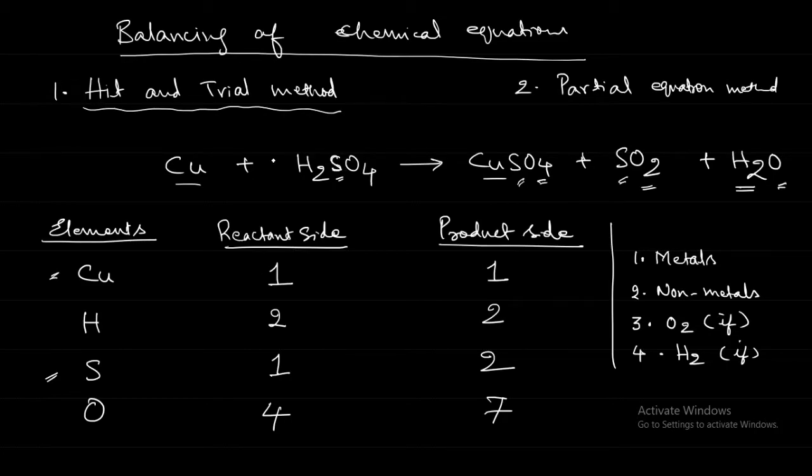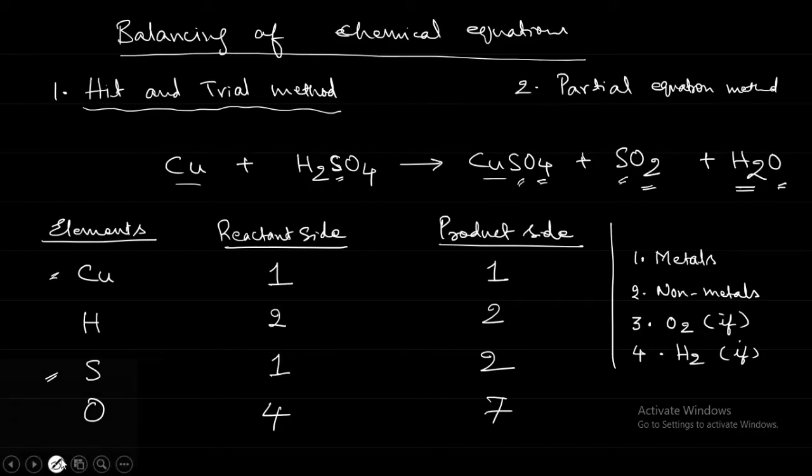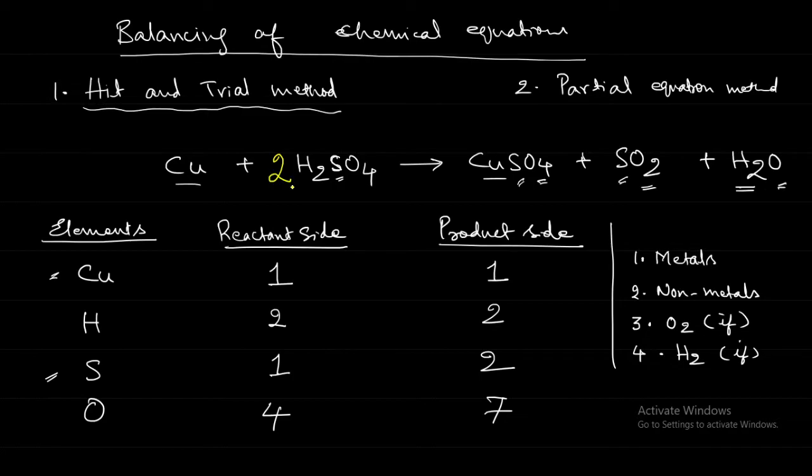We multiply with 2 so that on the reactant side the sulfur becomes 2, and on the product side the sulfur is 2. So metals were balanced, then we went to non-metals, and in non-metals we balanced it.